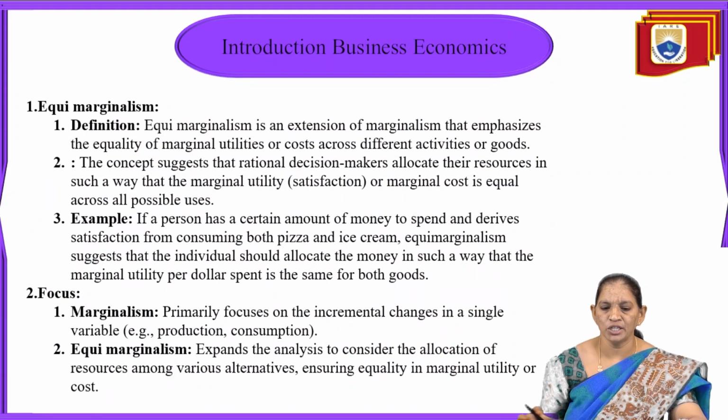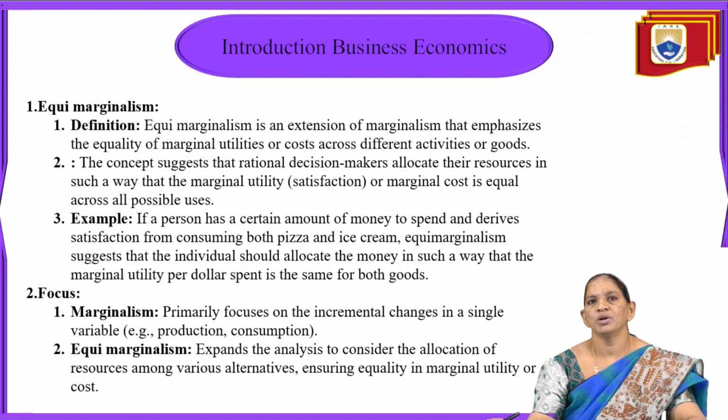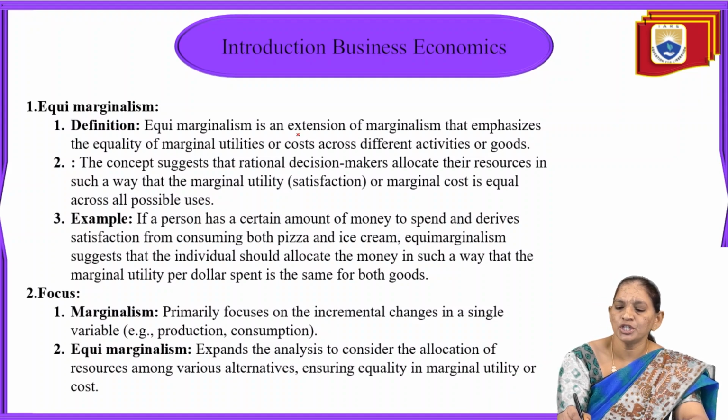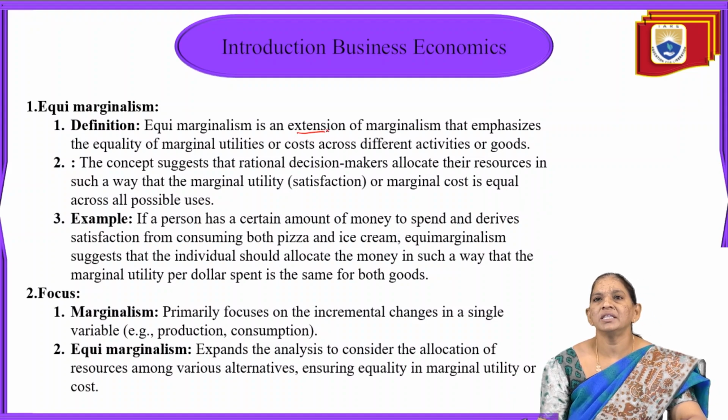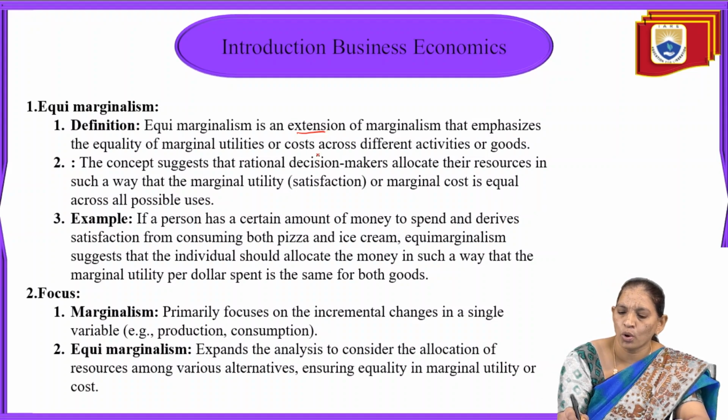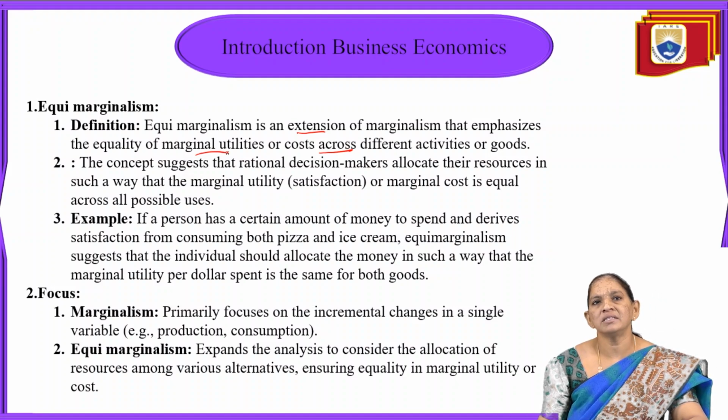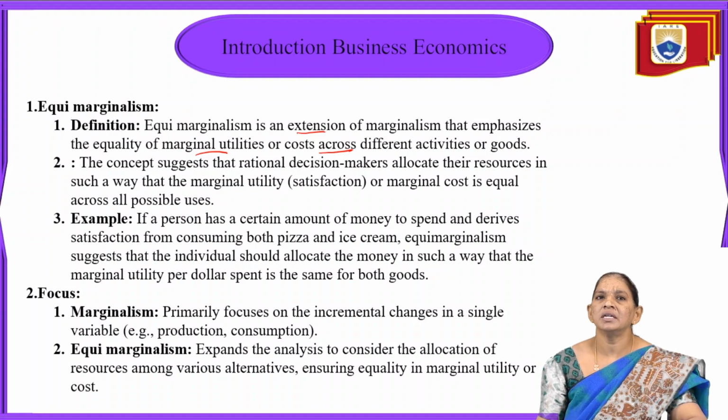Now we go to equi-marginalism. First we'll see the concept of equi-marginalism. Equi-marginalism is an extension of marginalism that emphasizes the equality of marginal utility or cost. Means equi-marginal utility is an extension of marginalism.